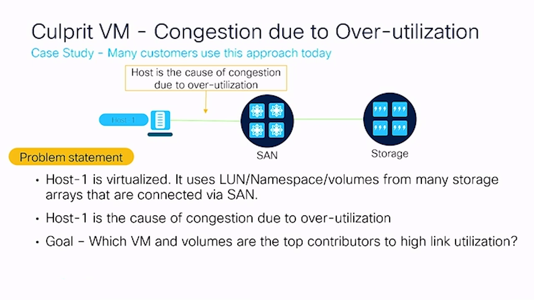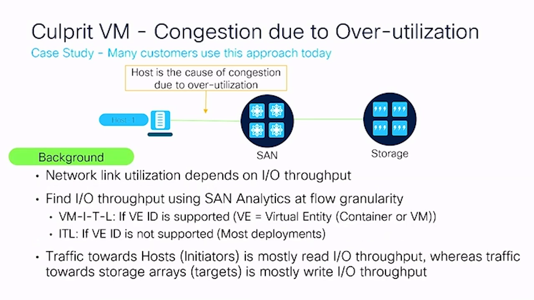Yeah, it still requires working with vCenter, but let's see how SAN Analytics can help you do that. By the way, this is an approach a lot of customers use. Okay, so understand, on a storage network, if there's traffic going towards the host, what is that traffic? What's under the frames?